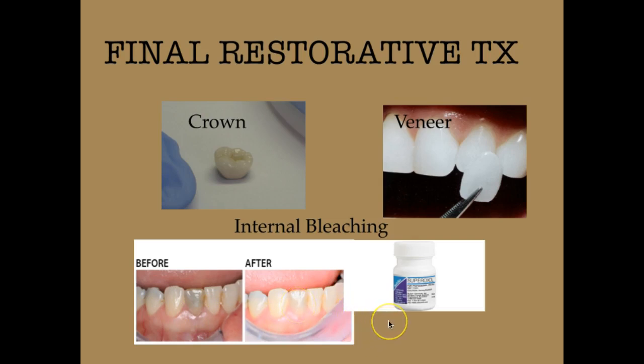So very similar to whitening, except this is a super concentrated form of peroxide, and it's placed internally, where whitening, of course, is external on the tooth. So for some patients, this internal bleaching may work to change the aesthetics.